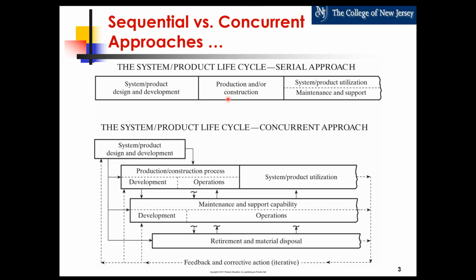So it actually saves time to do all these activities of systems engineering that we have been discussing in this course, and even issues of retirement and disposal, which will come somewhere at the end of the life cycle.